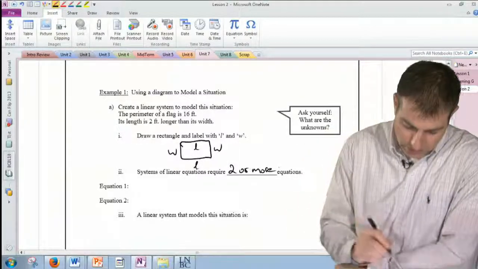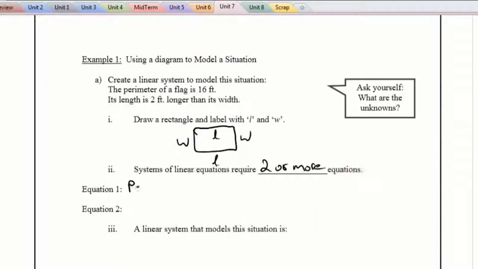The first thing we're given is the perimeter is 16. So that's an important piece of information. I can calculate the perimeter. So if I took the length of one side and added it to the length of the other side and added it to the width and added it to the width, I'd end up with 16.